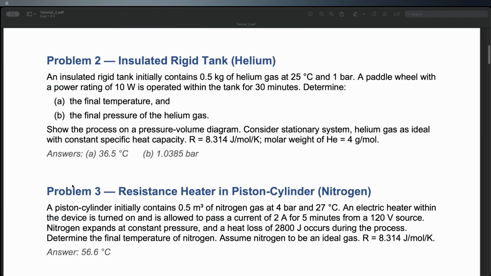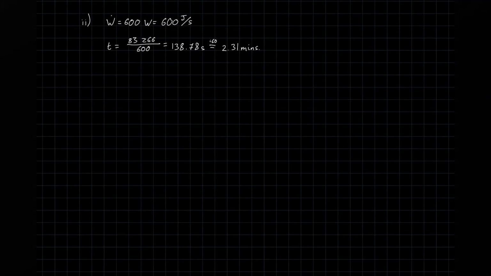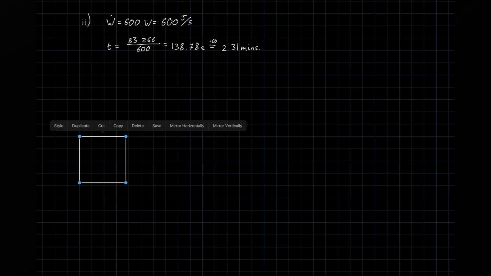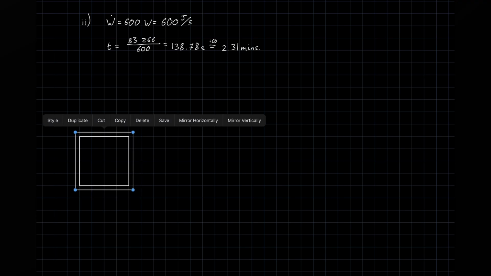So, problem 2. We've got an insulated rigid tank filled with helium. First, what I like to do is draw the situation. So, we have a nice little insulated tank over here. I'm gonna draw the insulation around it simply as a larger square, basically.